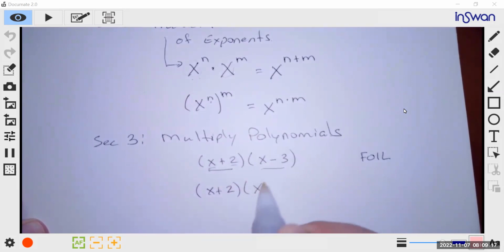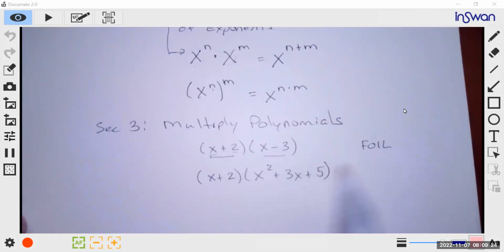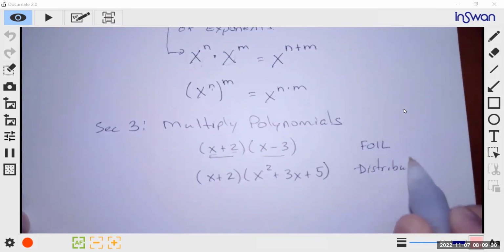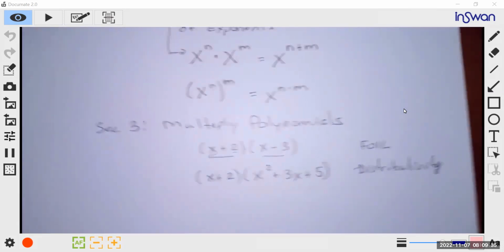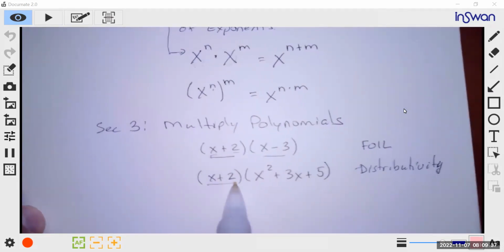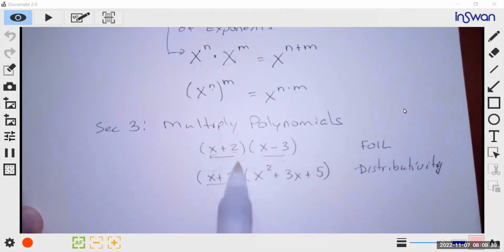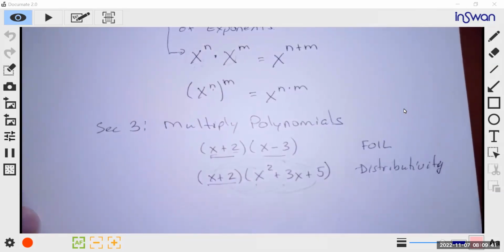What if you had something like this? The FOIL technique doesn't work here. So here we have to use distributivity. Everything in the first parenthesis distributes to everything in the second parenthesis. And we'll look at a couple examples there. And then I'm also going to show you another way.